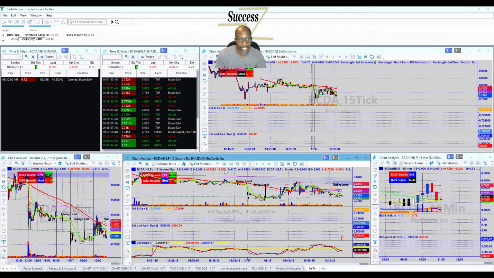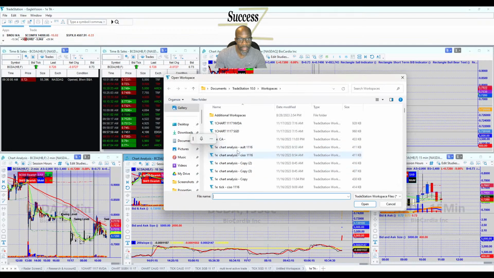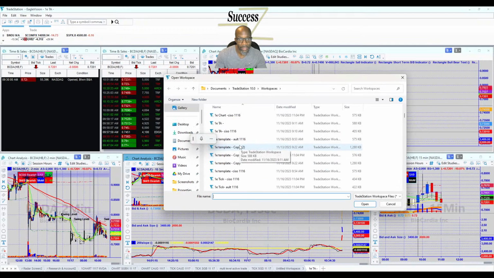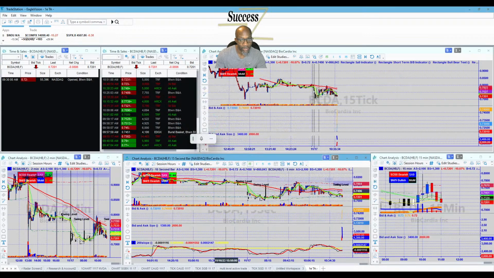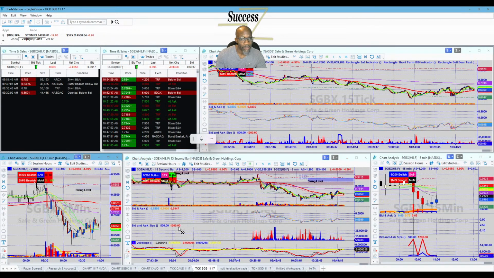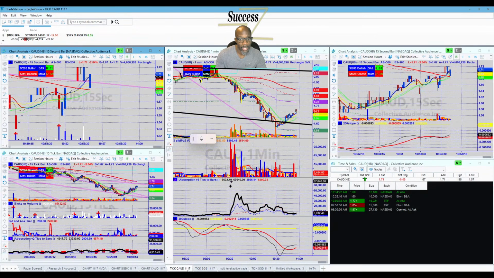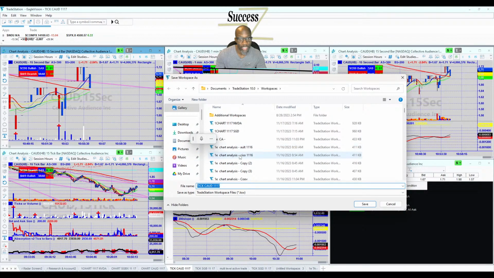All right, that is the wrong one. Now, I know I just saved this thing, so this tick was saved as the, oh boy. Okay, there we go. Tick. All right, this is the chart that I've been working on most recently.